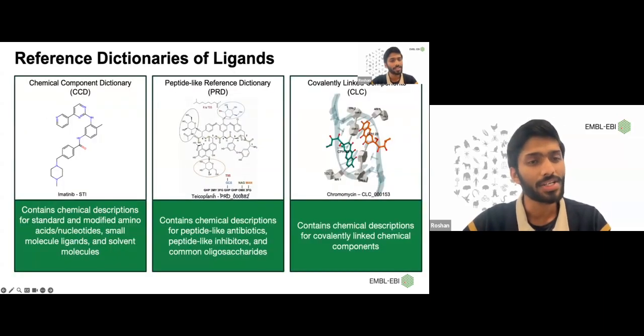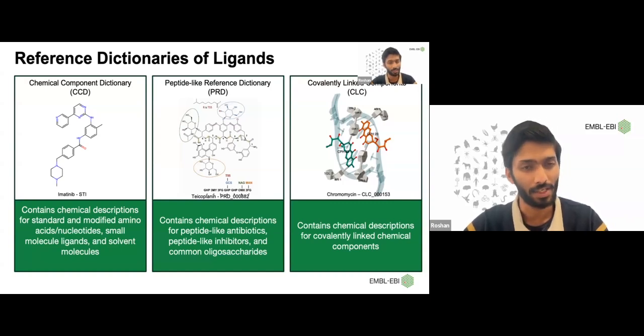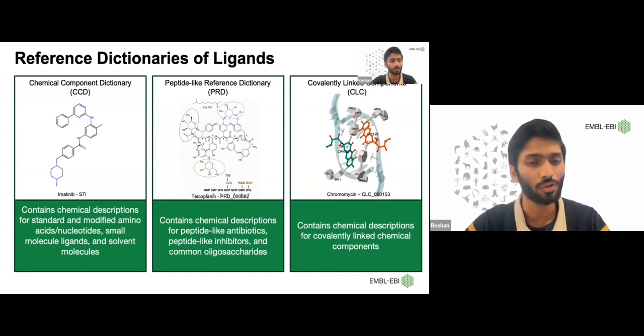The Chemical Component Dictionary contains the complete chemical description of all the standard and modified amino acids or nucleotides, small ligands, something like imatinib shown here, and solvent molecules and ions. The Peptide-like Reference Dictionary contains, as the name suggests, peptide-like inhibitors or antibiotics. Some oligosaccharides, like common ones such as mannose, glucose, and sucrose, are also part of this dictionary.